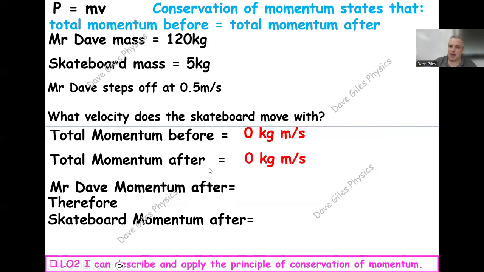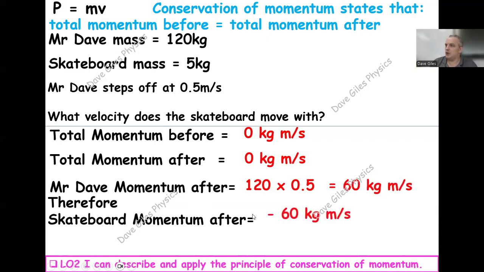My momentum after is my mass of 120 times my velocity of half a meter per second, which is 60 kilogram meters per second. So therefore, what I need to add to 60 to get 0 is negative 60. So the skateboard has a momentum of minus 60 kilogram meters per second.